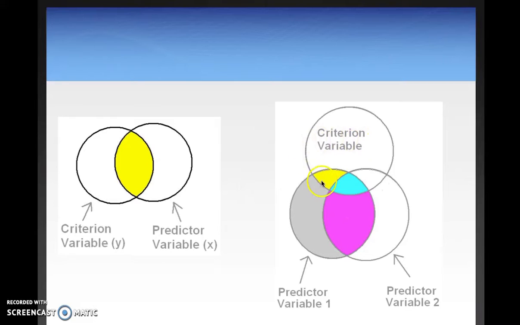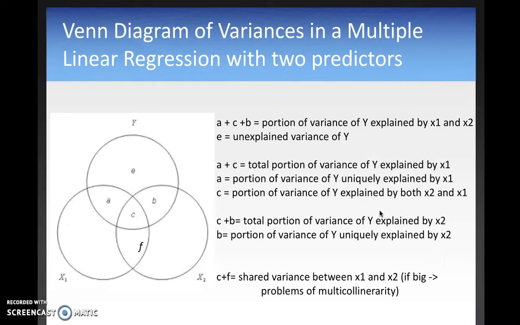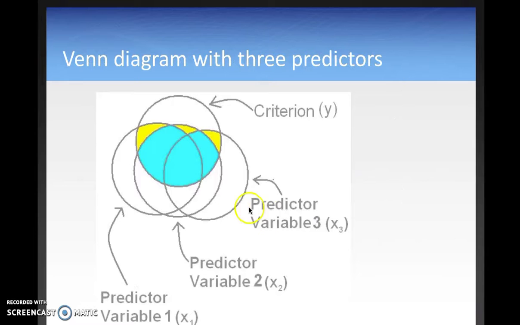So potentially we can not only explain the yellow and blue part here, but we can also explain this other part. So we can explain more of the variation of the dependent variable because we have more predictors. Right? And if you have more, you can increase that. We can explain more and more of this variation.